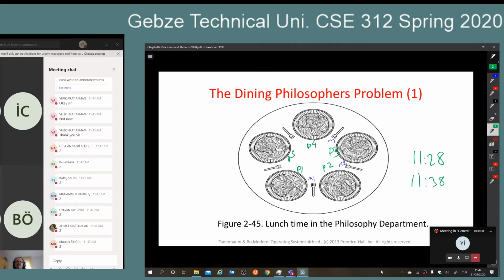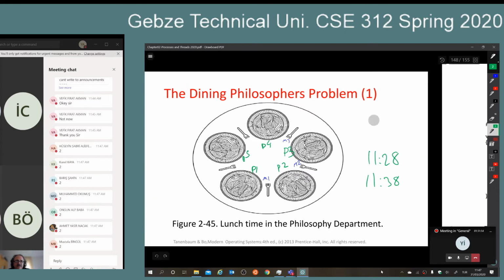Okay, 5 forks is not enough to run 3 processes, or 5 mutexes is not enough to run 3 processes. So at most 2. So let's find a solution that makes it possible to have 2 philosophers eat at the same time.